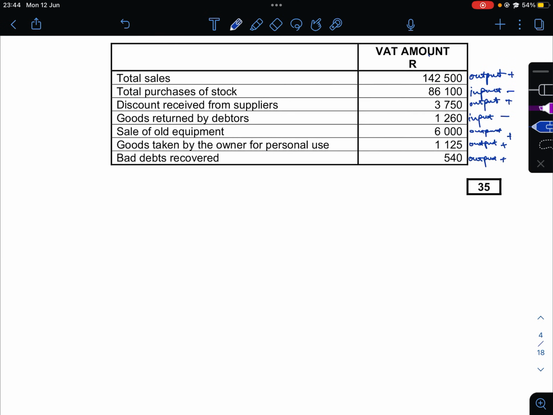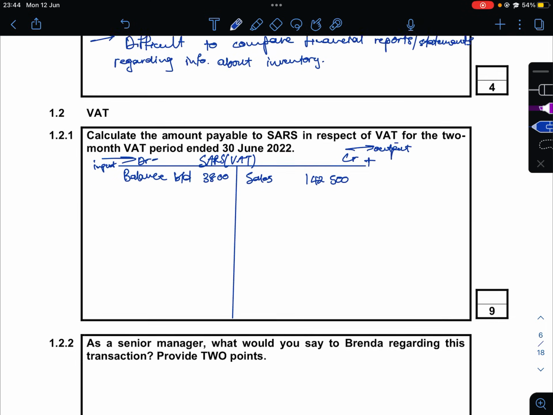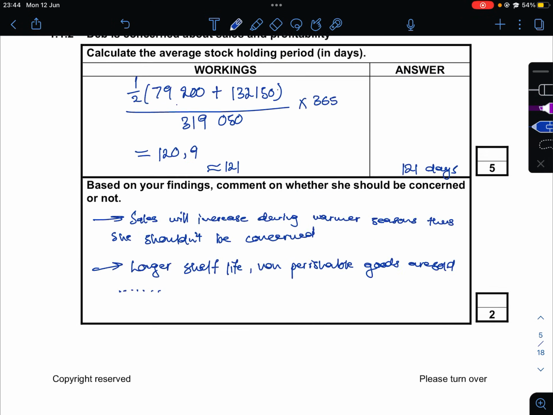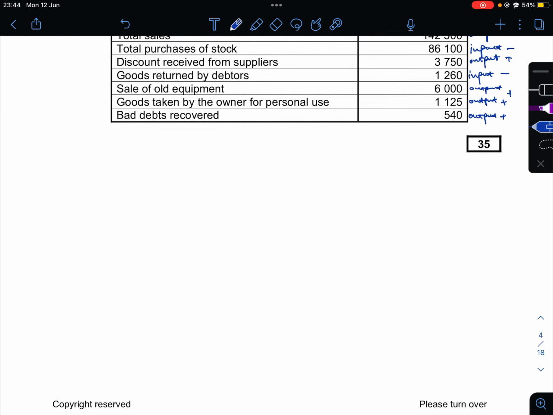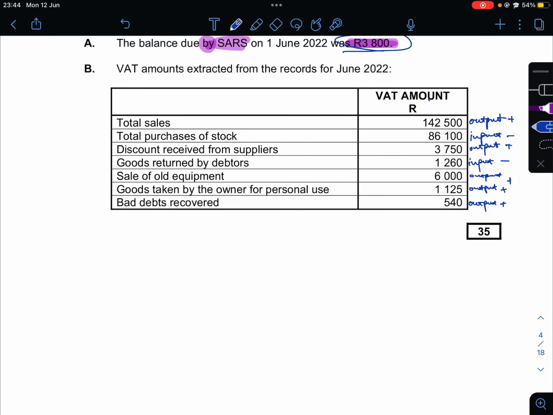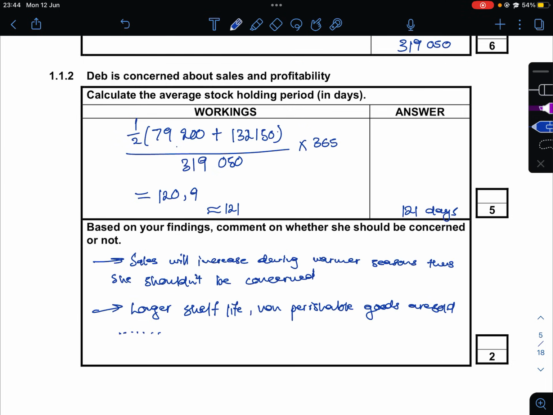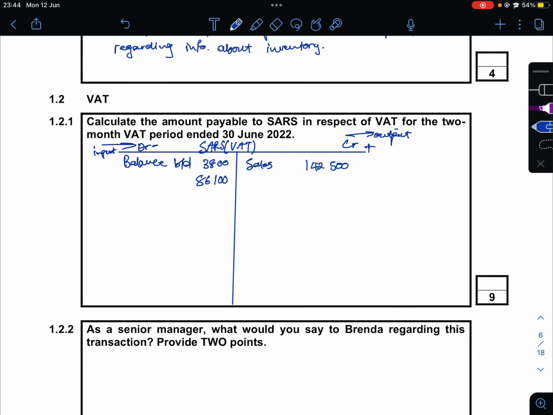And then you continue to the second one. It goes 86,100 input. So 86,100. And then you have 3,750 output. Okay, so we'll just say these are your purchases.